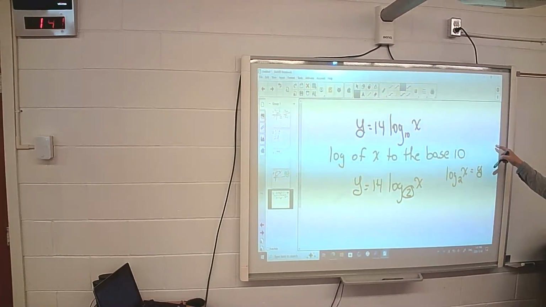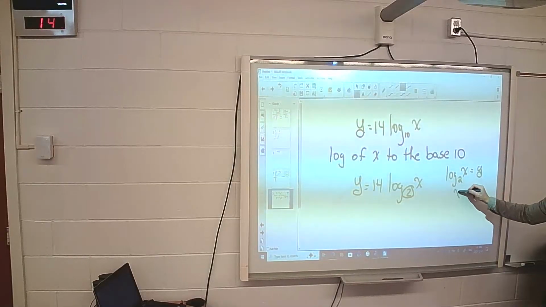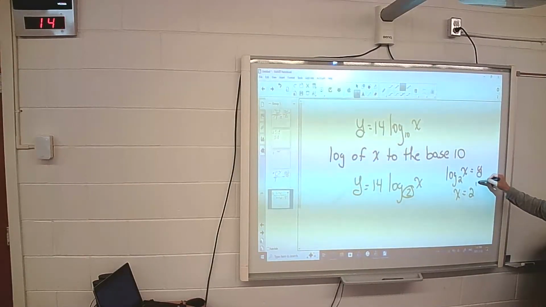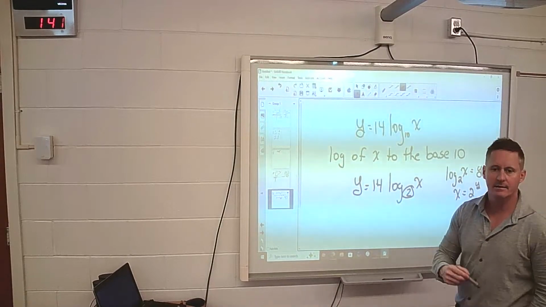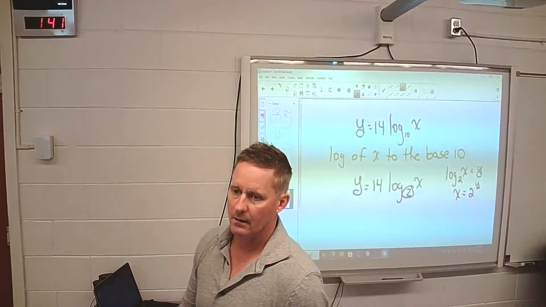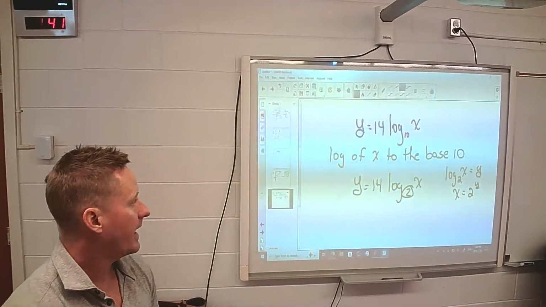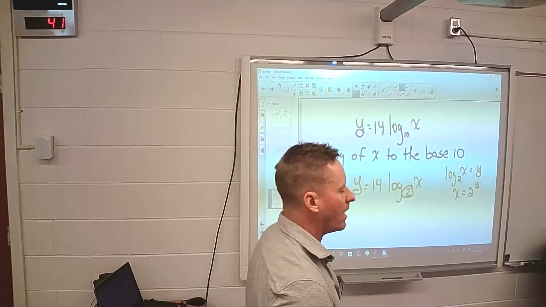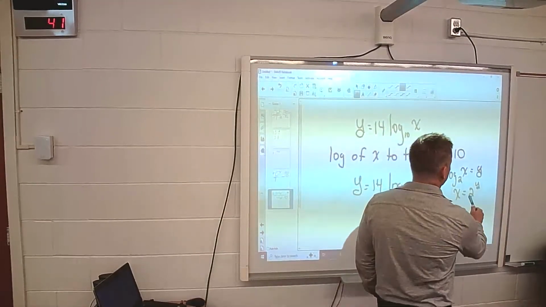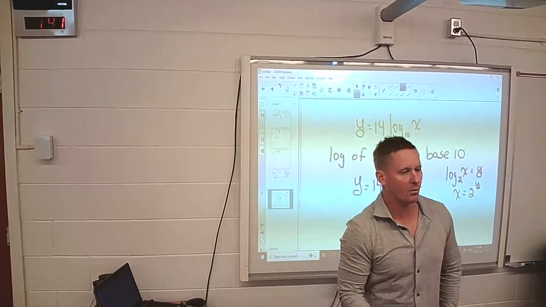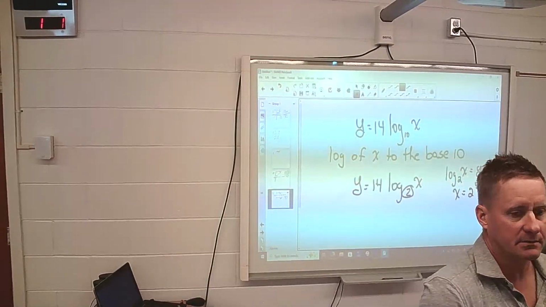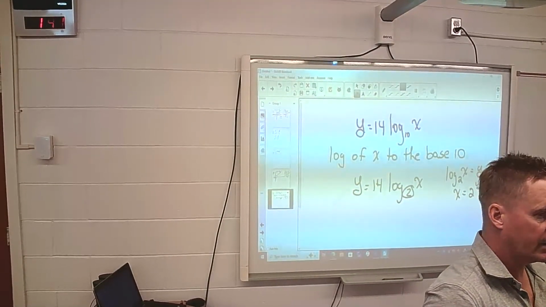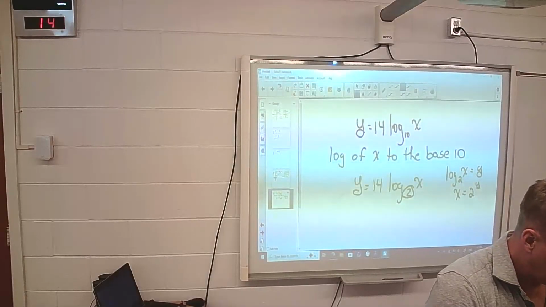This becomes the exponent, and those two things mean exactly the same thing. The log of x to the base 2, if it's equal to y, then x is equal to 2 to the exponent y. Now, this is called the change of base formula, but we don't need it just yet. We will, but not yet.